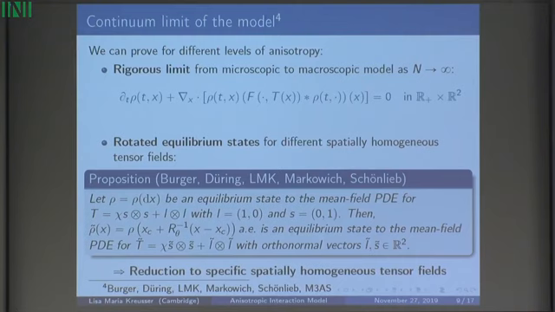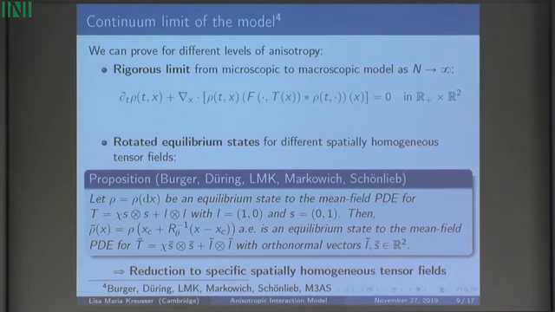So in terms of the analysis, it's often very helpful to make some additional assumptions. And for that, we may assume that T is spatially homogeneous. And indeed, this statement over here shows that if we understand the pattern formation of one specific spatially homogeneous tensor field, then we actually understand it for any spatially homogeneous tensor field.